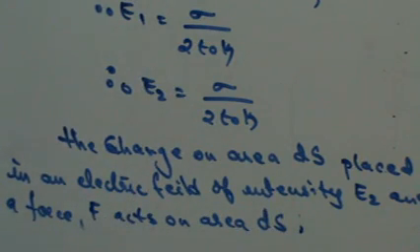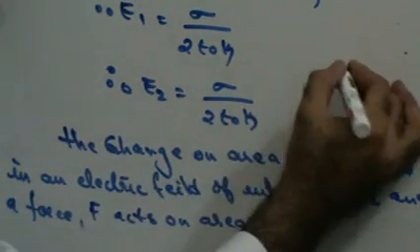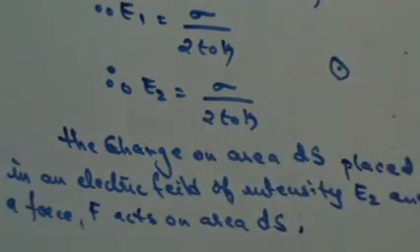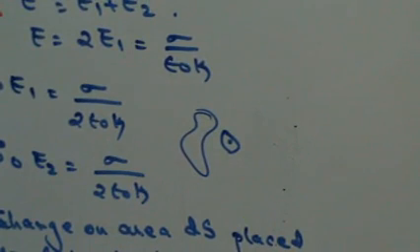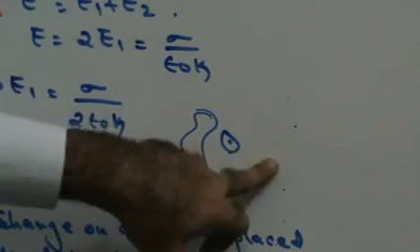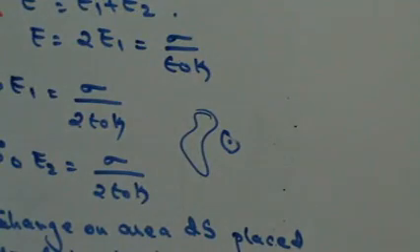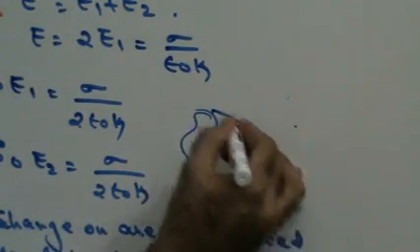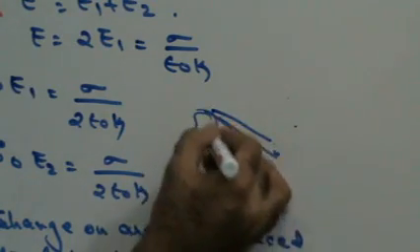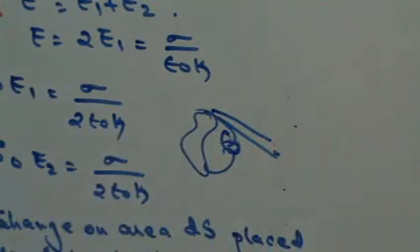Right? Obviously, guys, try to understand: this was my area ds, this is the point P. Here you have a remaining conductor. The remaining conductor will not only exert an electric intensity at a point outside, but will also exert an electric intensity on this area ds. This conductor is going to exert a force at point P, and this conductor will also exert a force on this area ds.